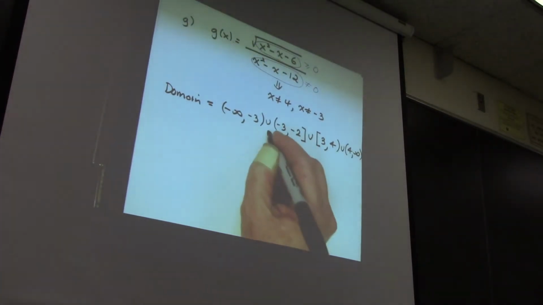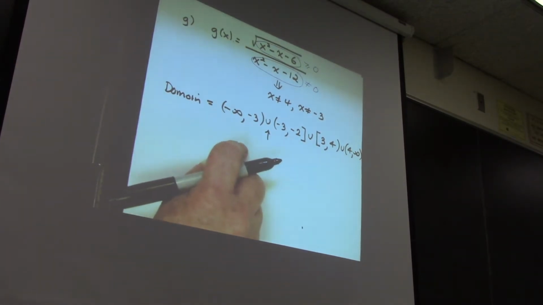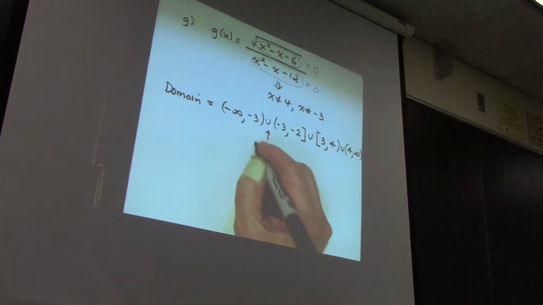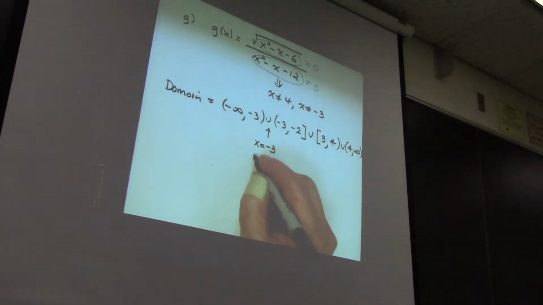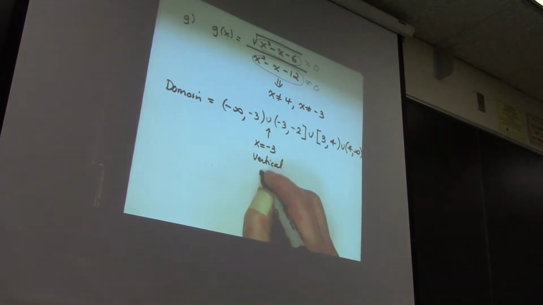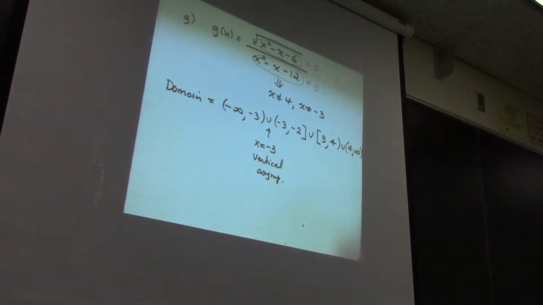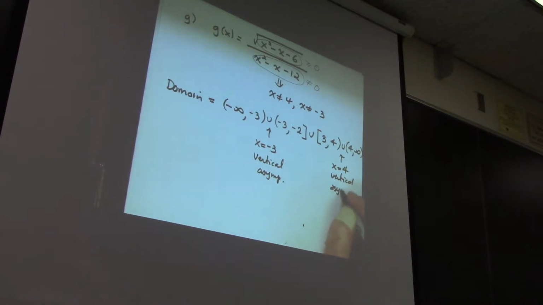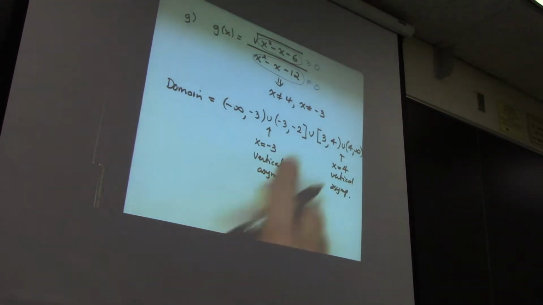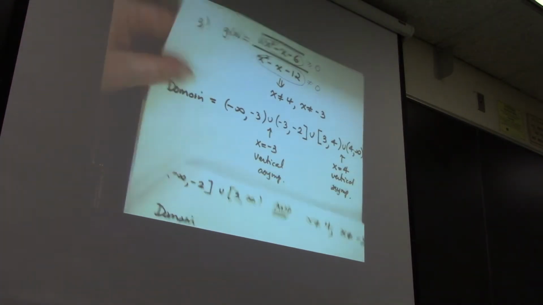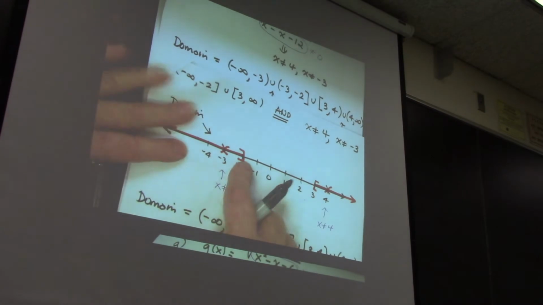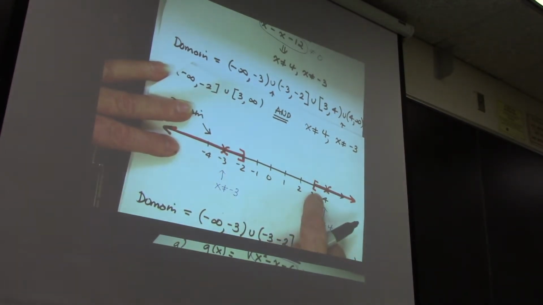Okay? So at these two x values that make me divide by 0, I'm going to have vertical asymptotes. At x equals negative 3, there's going to be a vertical asymptote. And similarly, there's going to be a vertical asymptote at x equals 4. Okay? And then, if I look at the picture of my domain, there's nothing going on between negative 2 and 3.